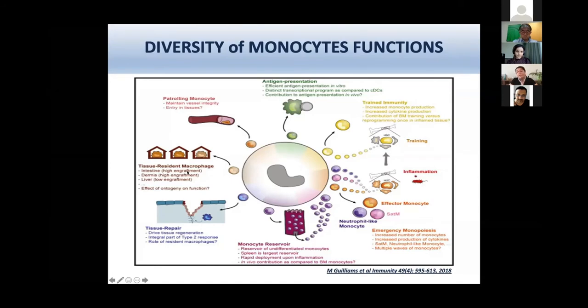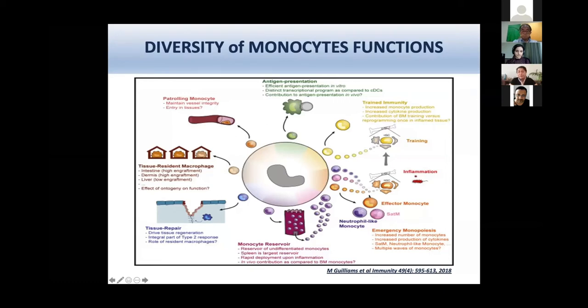There are tissue-resident macrophages, like the cardiac macrophages, that have been there since the development period of the human body, and they do a lot of patrolling, just like the neutrophils, so that they maintain vessel integrity, and when there is a need for inflammation, they go into the inflamed area.